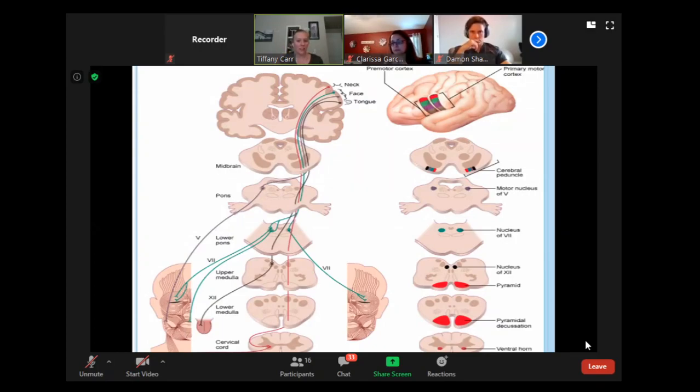The afferent is what feels it, and the efferent is what's going to cause the eye to blink, so that's cranial nerve 7. And then the gag reflex is cranial nerve 11 touching the back of the throat. That's where you feel it. And the vagus nerve is what causes you to gag.